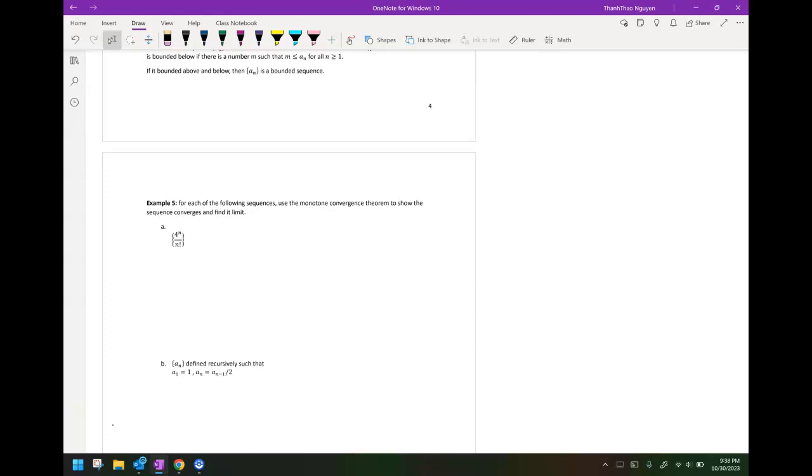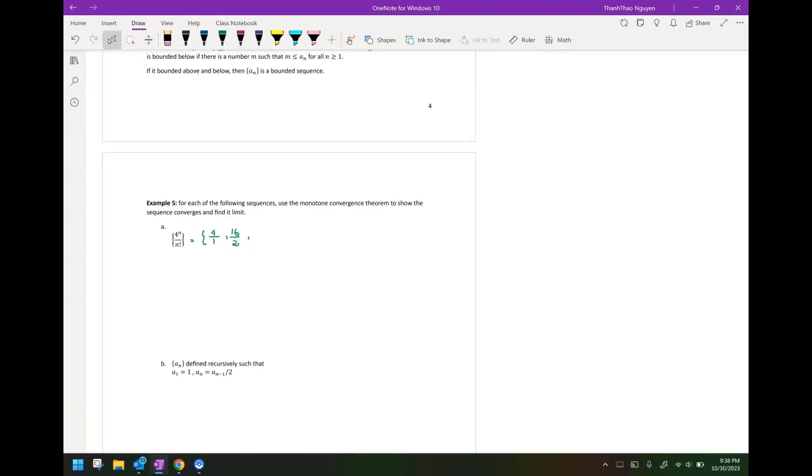Look at the first sequence. Let's write out a couple of terms to see what happens. A sub 1 equals 4 divided by 1. A sub 2 equals 4 to the second, that makes 16, divided by 2.